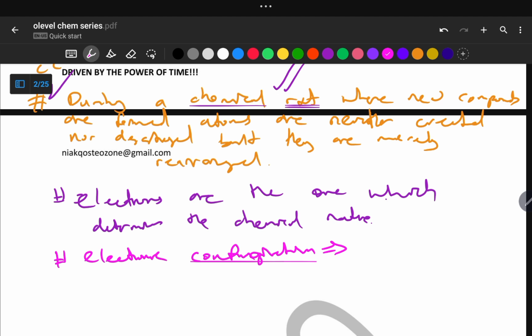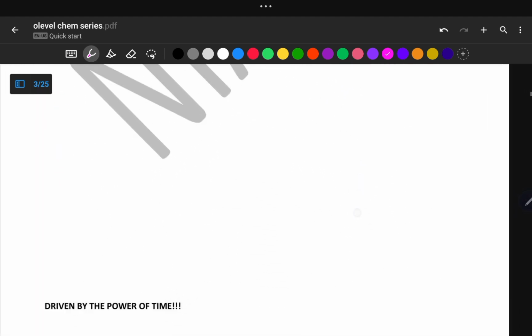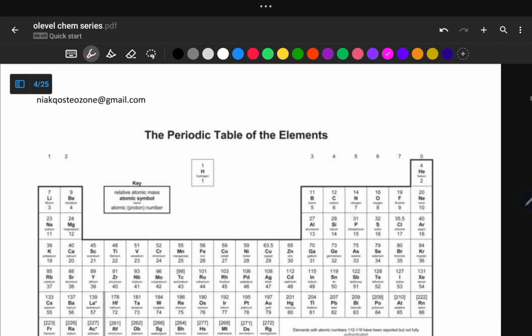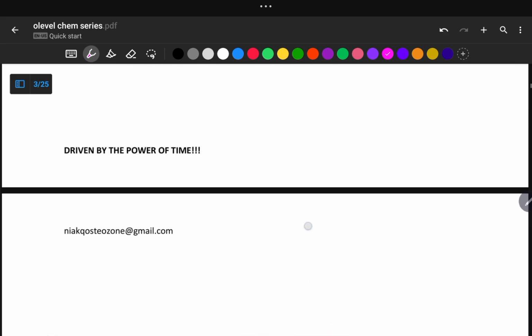So this is the periodic table. From the periodic table, we can write the electronic configuration: the first shell is filled with 2 electrons, and then the other shells are filled with 8 electrons, and so on. All atoms react to attain what we call stability.